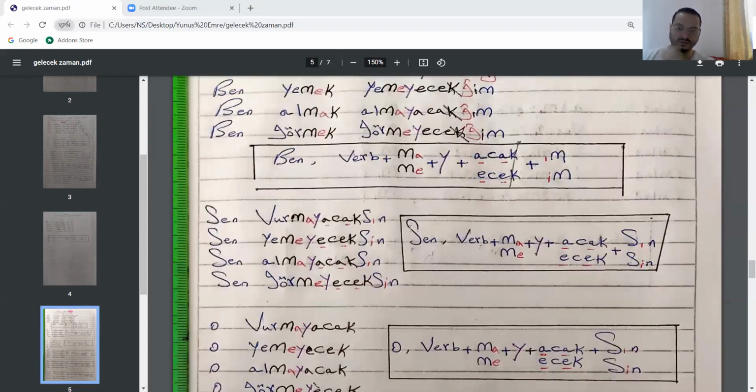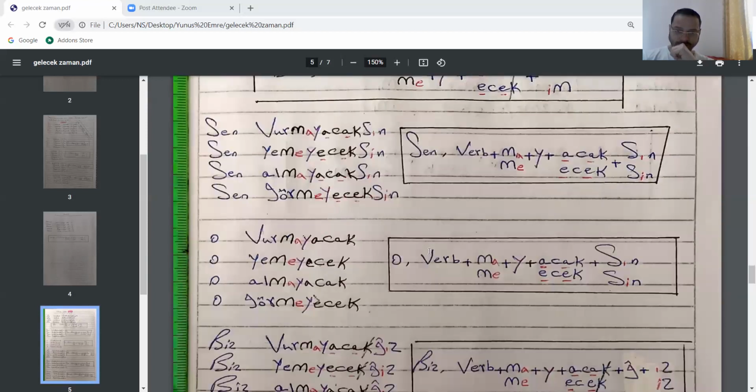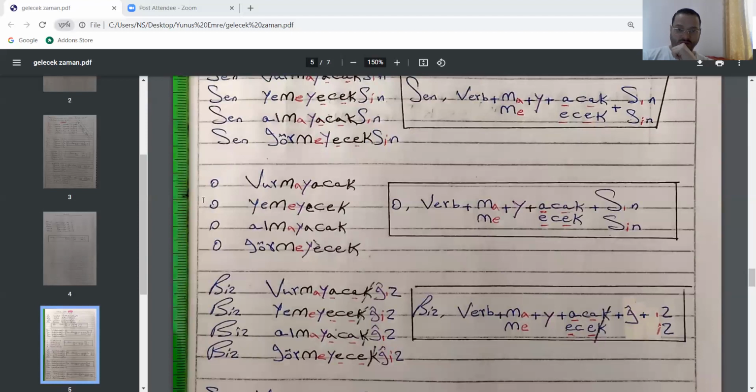Now, sen vurmayacaksın. Let's take a look at this form. To be: vurmayacaksın, yemeyeceksin, almayacaksın, görmeyeceksin. Now the easier one: vurmayacak, yemeyecek, almayacak, görmeyecek.